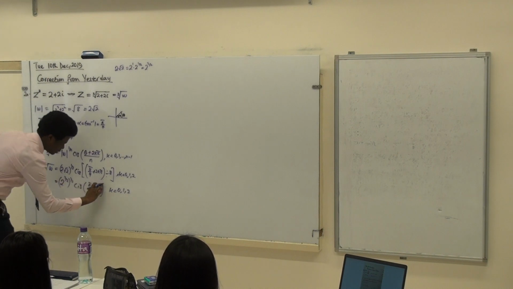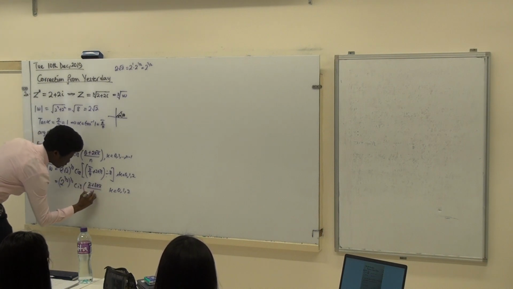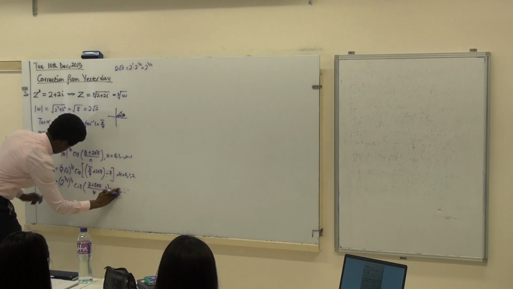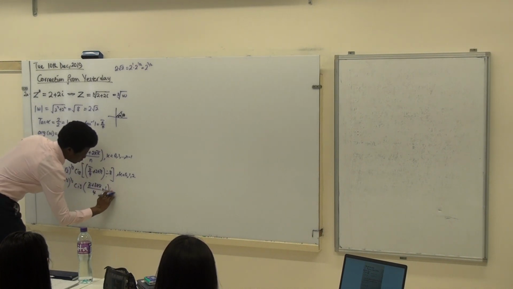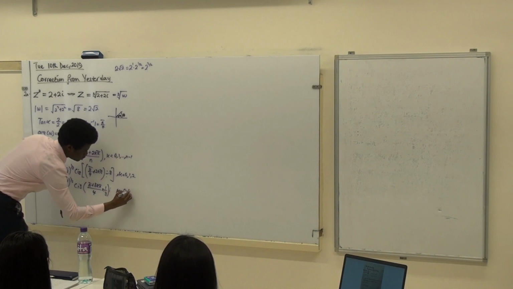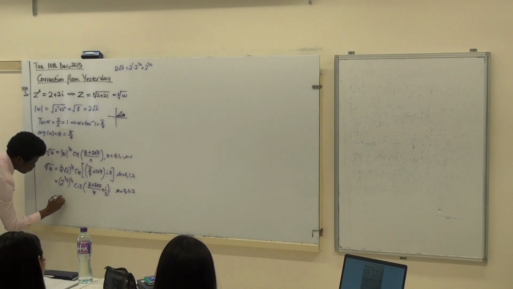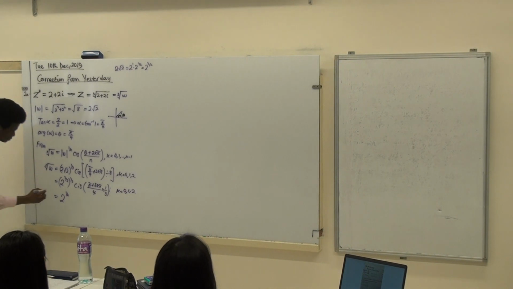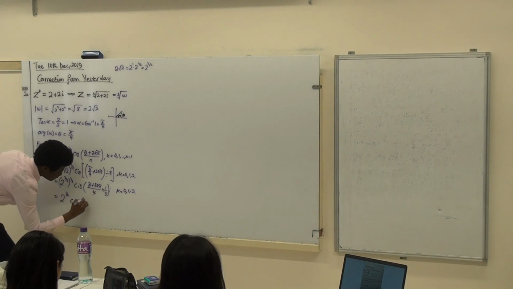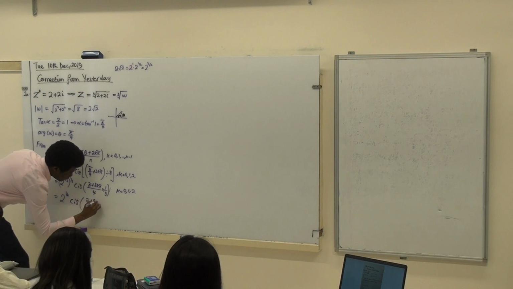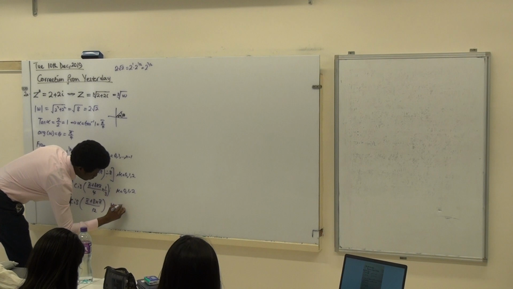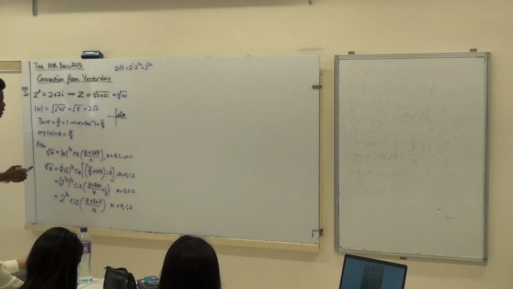So the final step of my simplification will be 2 to the power half, which is just the square root of 2, times cis of pi plus 8k pi divided by 12, with k 0, 1, and 2. So let's find all the roots now.